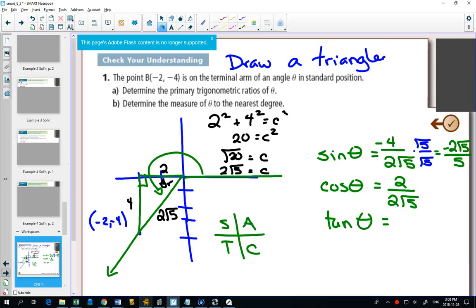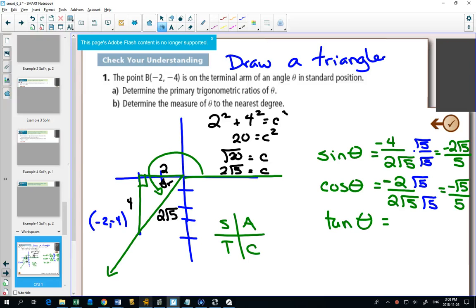So same thing here. You'd have to rationalize your denominator. It needs to be negative, right? Because cos is negative in quadrant 3. The 2's will cancel. And we'd get negative √5 over 5.